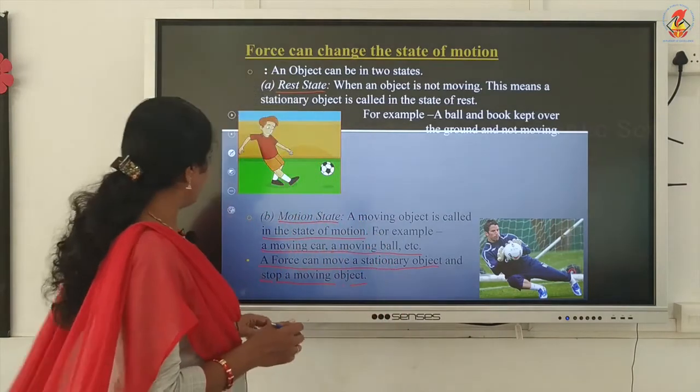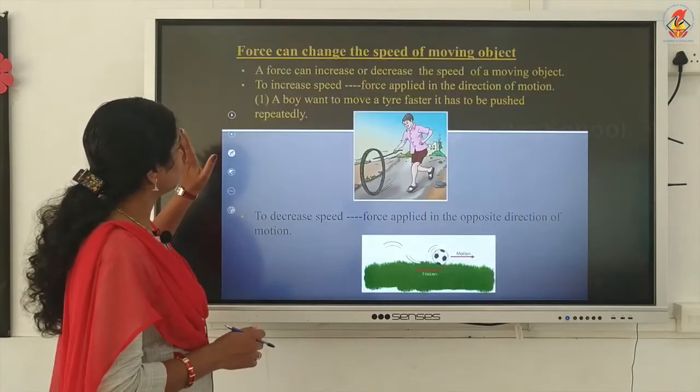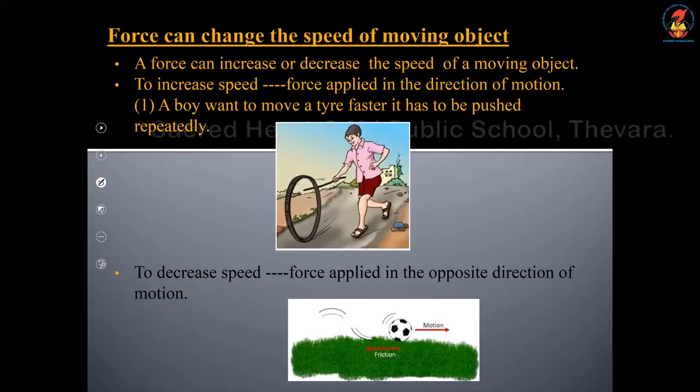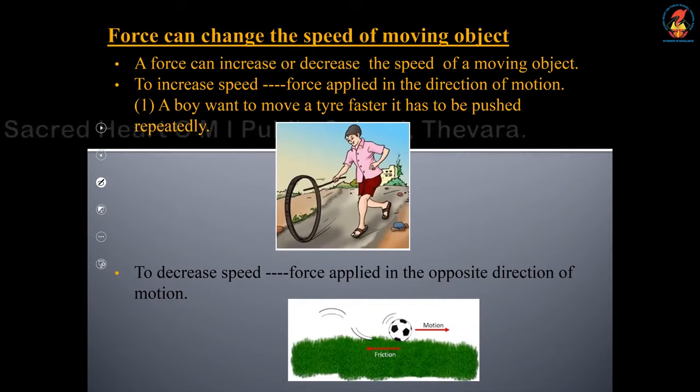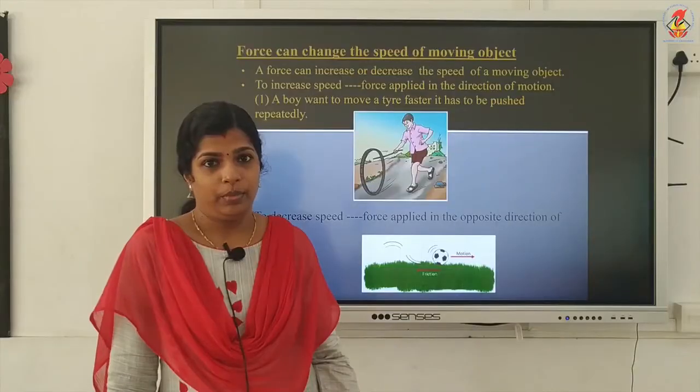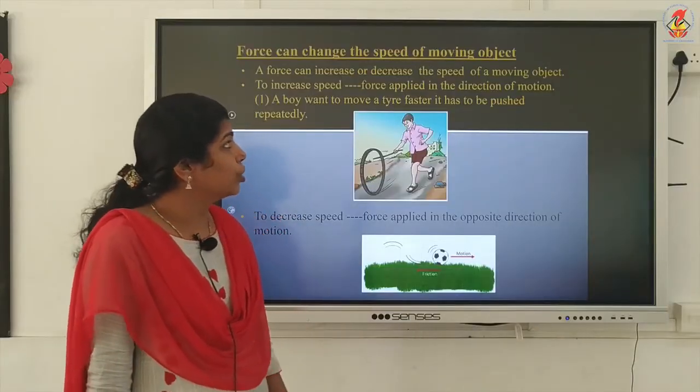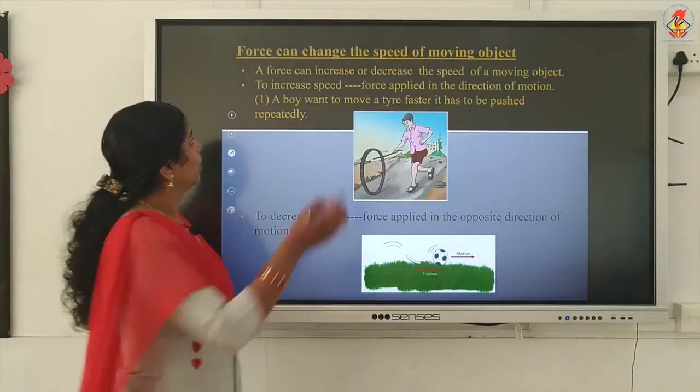Now, second one, a force can change the speed of a moving object. If you want to increase the speed of a moving object, you need to apply force in the direction of motion.